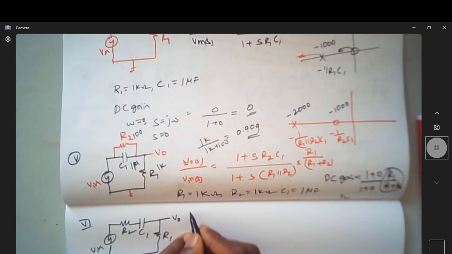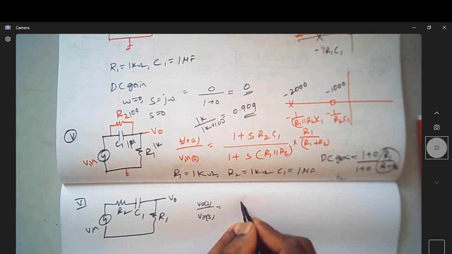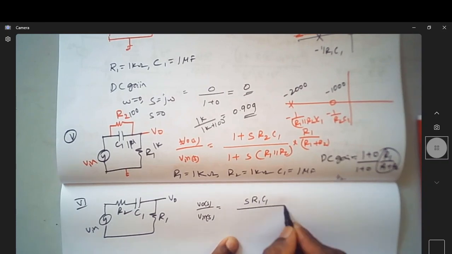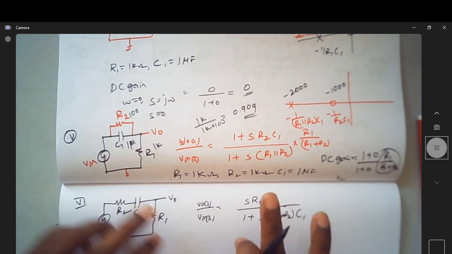If you derive the transfer function, you will end up with a transfer function which is equal to S R1 C1 divided by 1 plus S (R1 plus R2) C1.